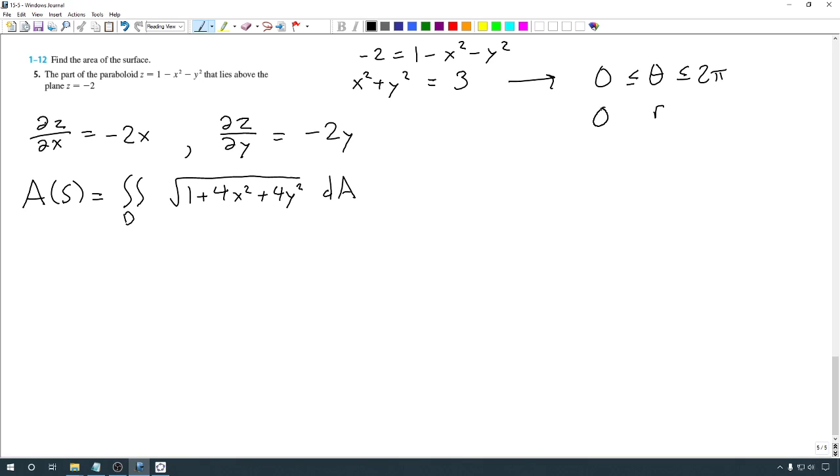And then r starts at 0 at the origin, and goes out to this circle, which again has a radius of square root of 3. That means we can write this as the integral from 0 to 2 pi, integral from 0 to square root of 3. Remember, x squared plus y squared is equal to r squared, so that makes this integrand really nice and easy to set up. This is just going to be the integral of the square root of 1 plus 4r squared. Don't forget our extra r. We have dr d theta.